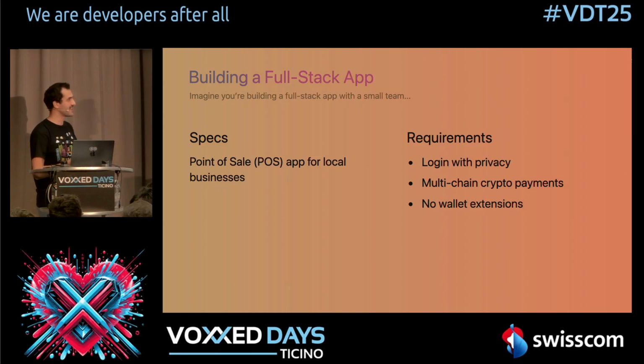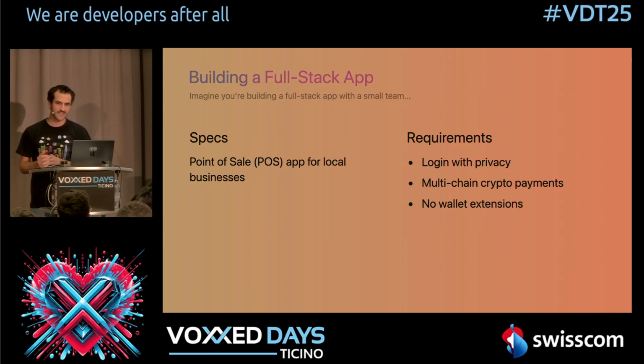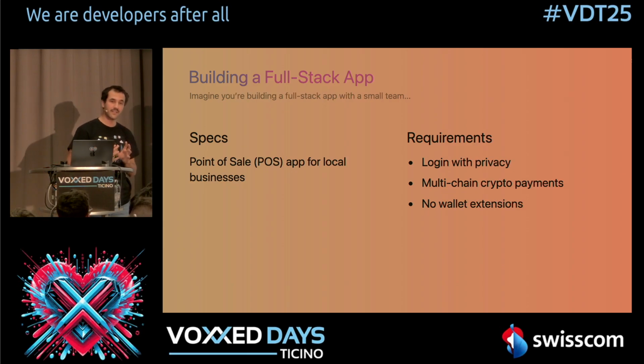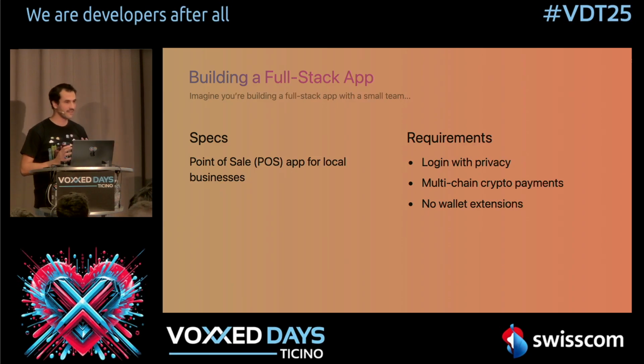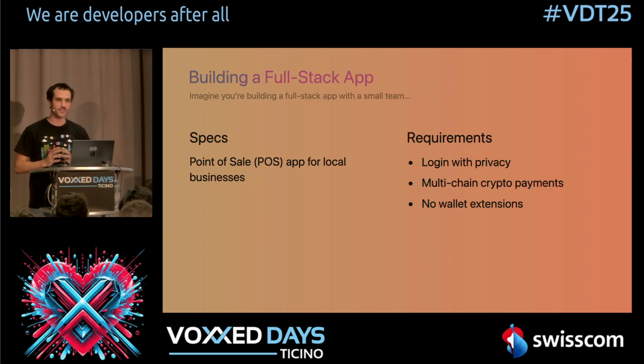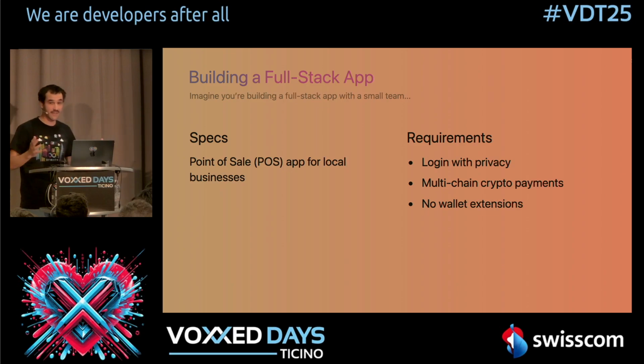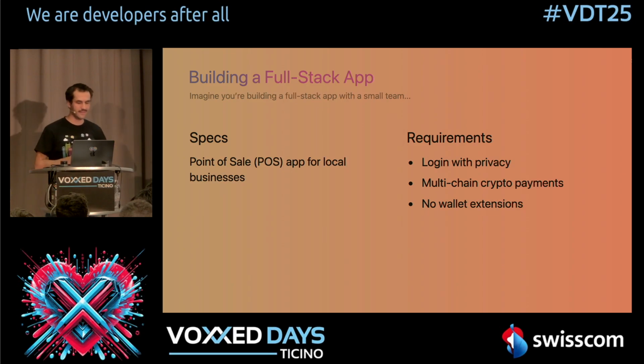Then again, we said Lugano is crypto friendly, so we're going to implement a multi-chain crypto payment system. And we have another requirement, which is probably the hardest one. And it's about enabling users to use our application without having a wallet, without having a crypto wallet.